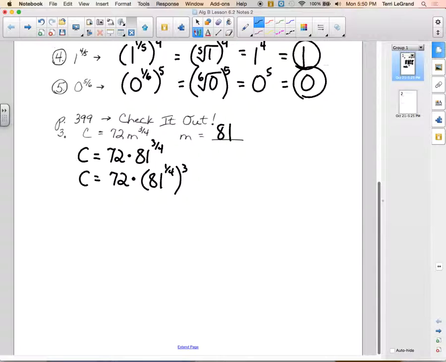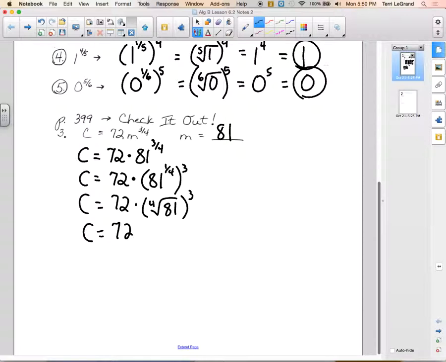So now we're really asking ourselves, what is the 4th root of 81? And then we're going to cube that, take it to the 3rd power. So what times itself 4 times is 81?